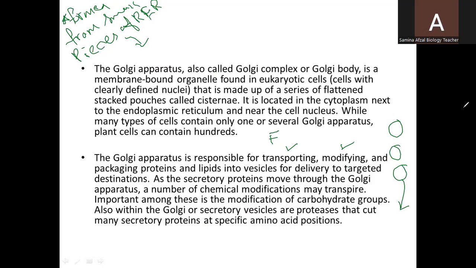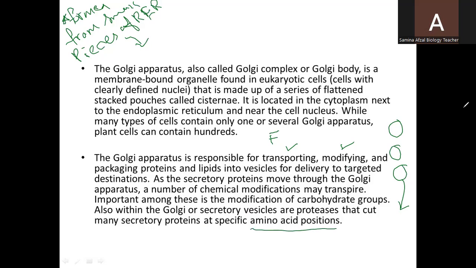It depends. As the secretory proteins move through the Golgi apparatus, a number of chemical modifications may transpire. Important among these is the modification of carbohydrate groups. Also with the Golgi secretory vesicles are proteases that cut many secretory proteins at specific amino acid positions.